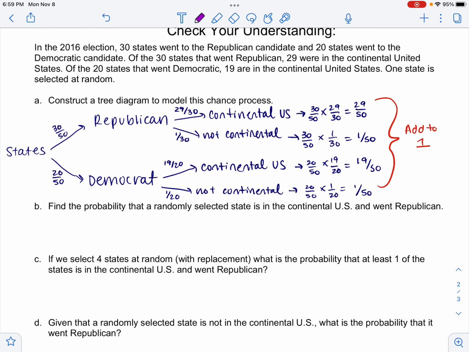Moving on, for B, I want to find the probability that a randomly selected state is in the continental US and went Republican. So I'm looking for the probability of continental and Republican.